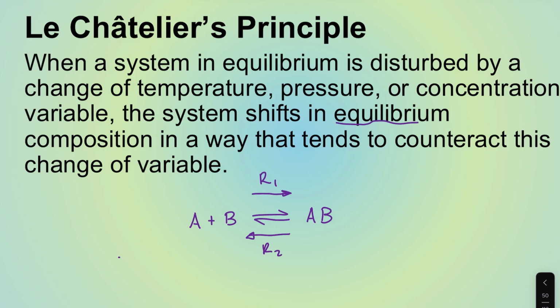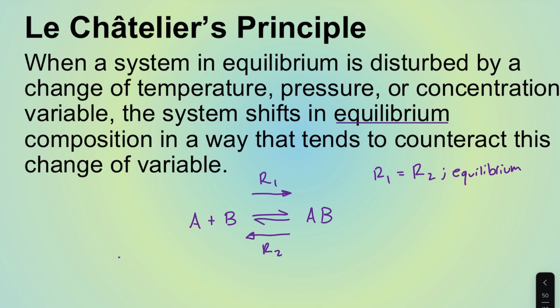Now, equilibrium exists when we're talking about the rate of the reaction. So, R for rate, when the rate of the reactants becoming products is equal to the rate of the products becoming reactants, then we have equilibrium.